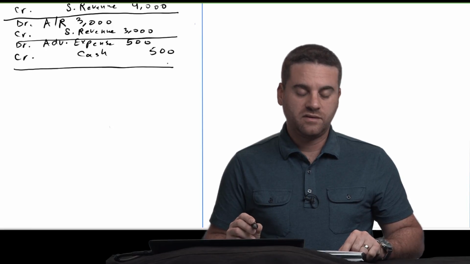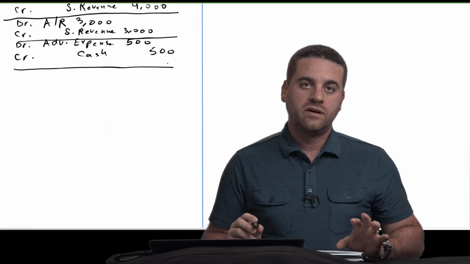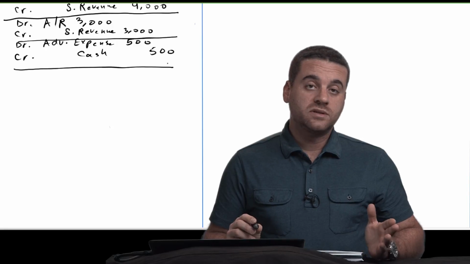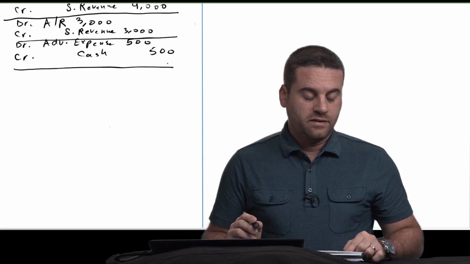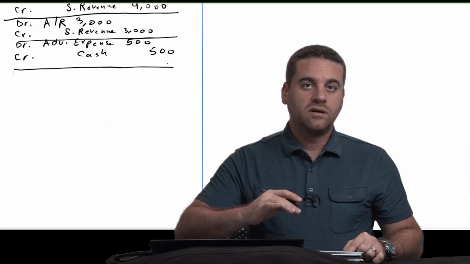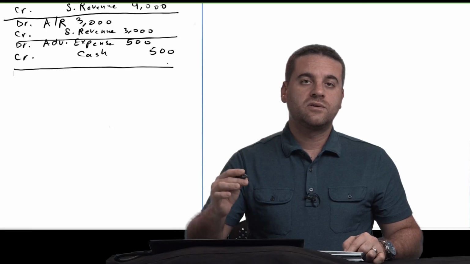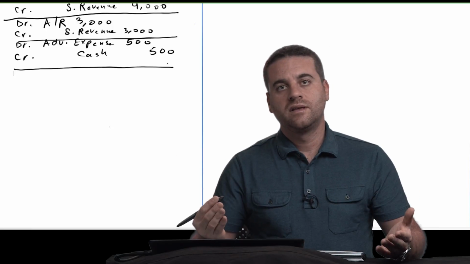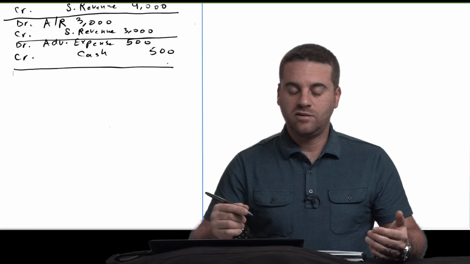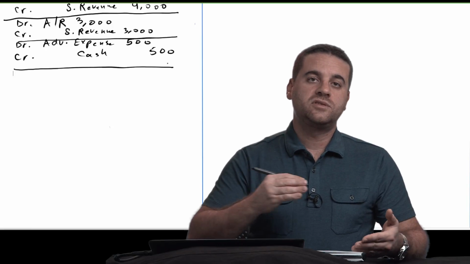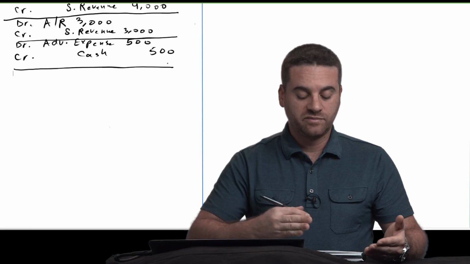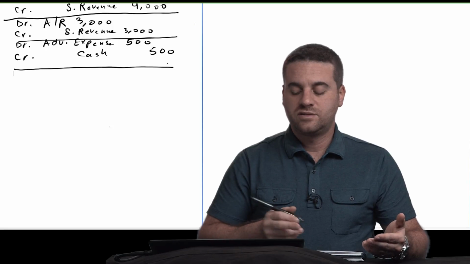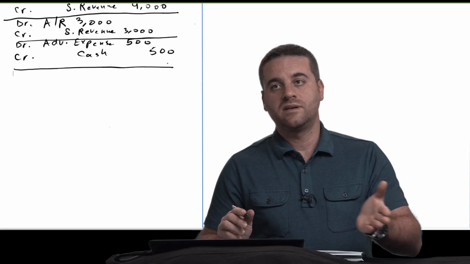Now, if you pay in advance for rent or insurance maybe, and then it's going to cover a long period of time, you're not going to consider that you consumed that amount already the day you paid for it. It will be consumed over time, over 12 months in our example. So we're not going to consider that an expense immediately.